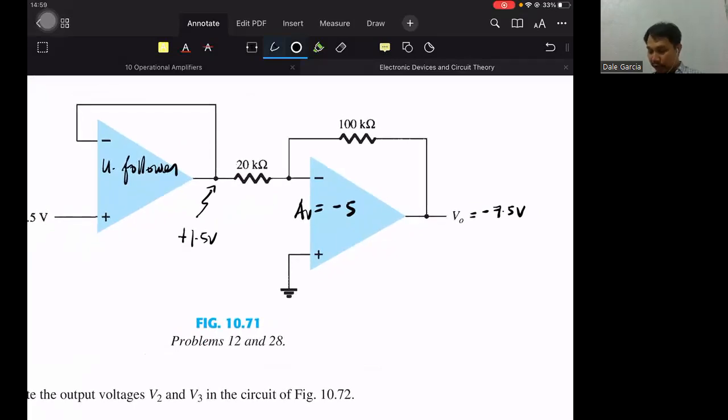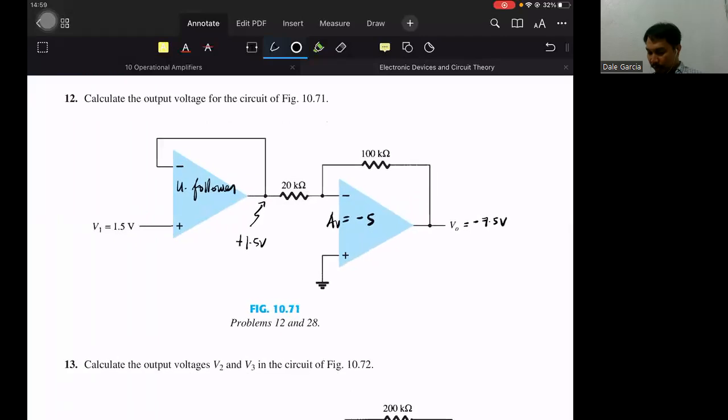An inverting amplifier inverts, right? It flips. In an inverting amplifier, the other terminal is always grounded. In an inverting amplifier, the input signal is at the inverting input. Okay, sir, thank you.